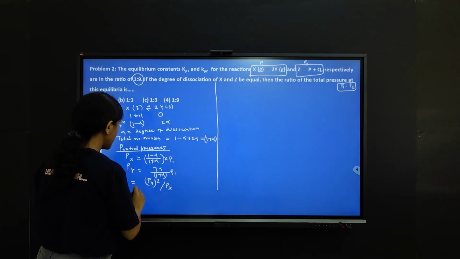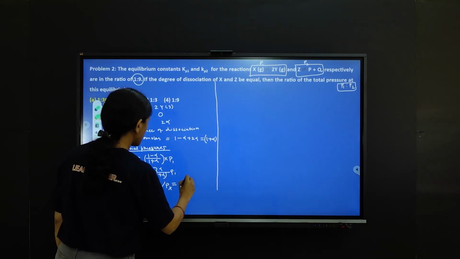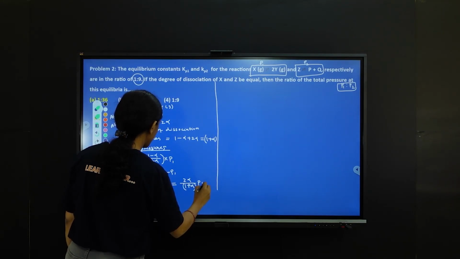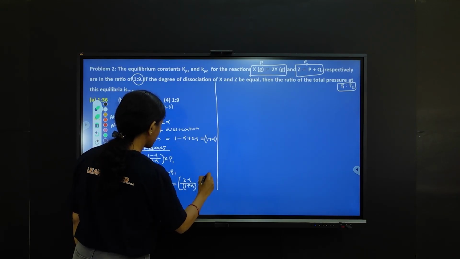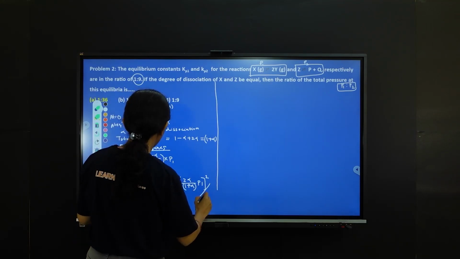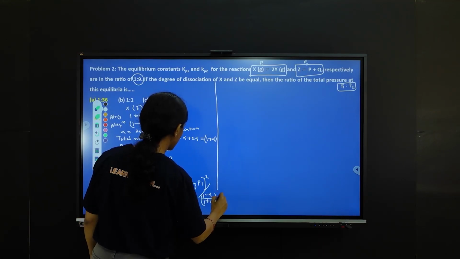From here we can easily put these values. So Py is 2 alpha divided by 1 plus alpha times P1, and we have to make a square of it, divided by Px, which is 1 minus alpha divided by 1 plus alpha times P1.